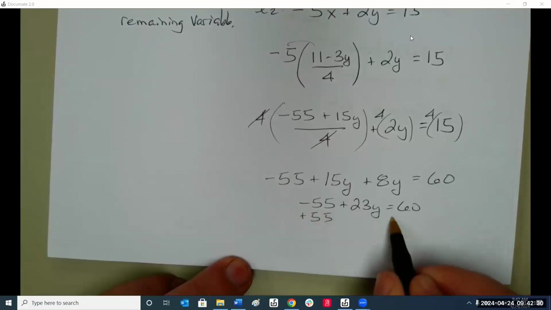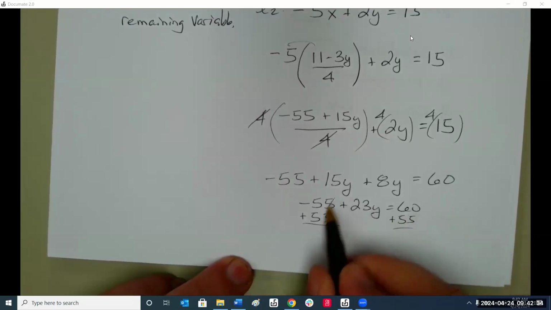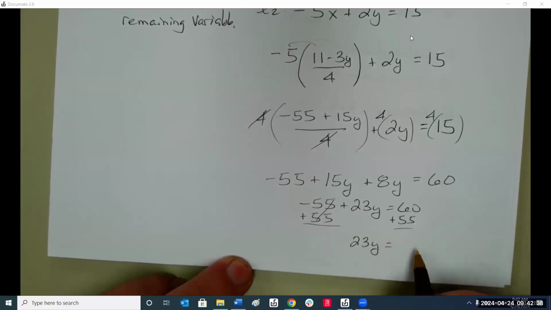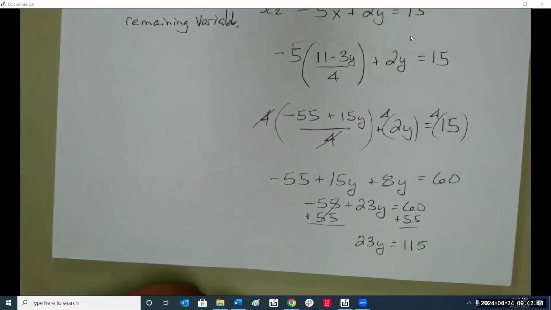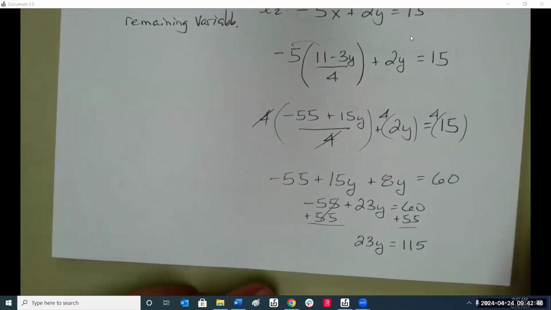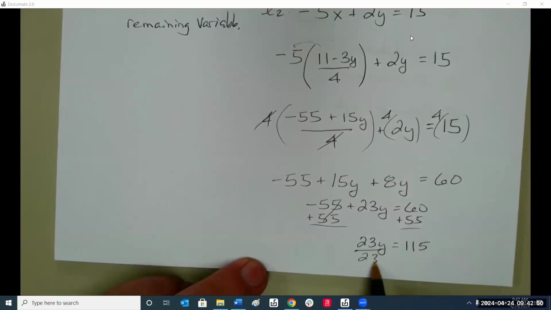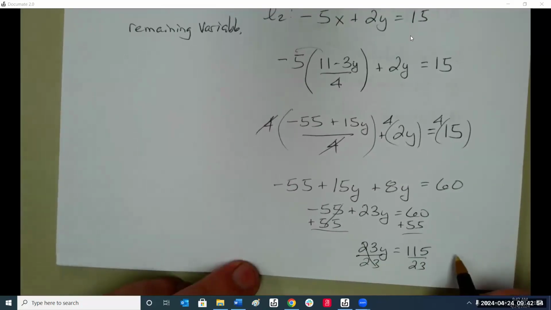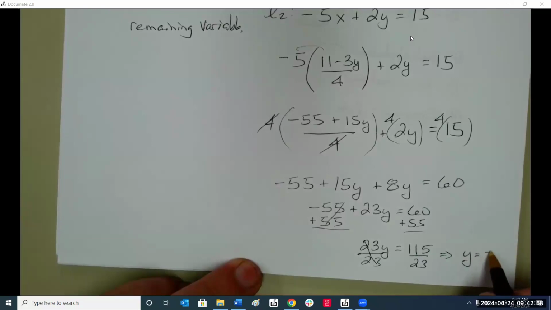Add 55 to both sides. So far, so good. Then divide by 23. And we know that y equals 5.